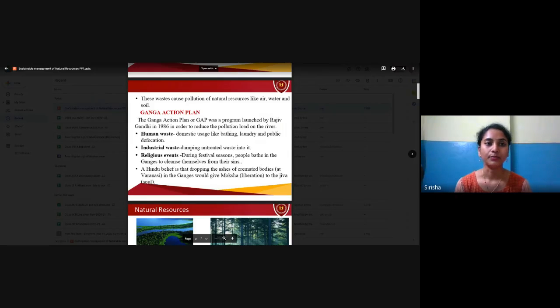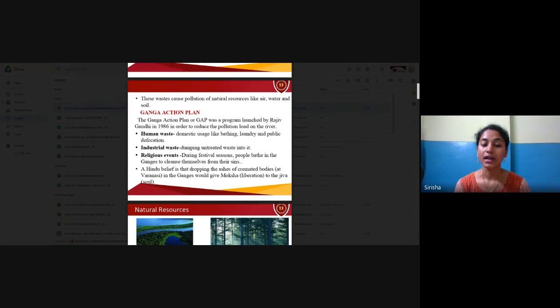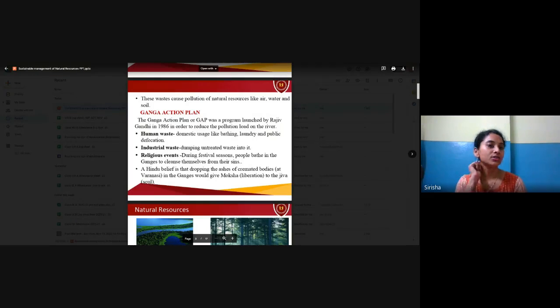So in that, the government also induces a few action plans. First, let us see what is the Ganga Action Plan. The Ganga Action Plan, or GAP, was a program launched by Rajiv Gandhi in 1986 in order to reduce the pollution load on the river Ganga.